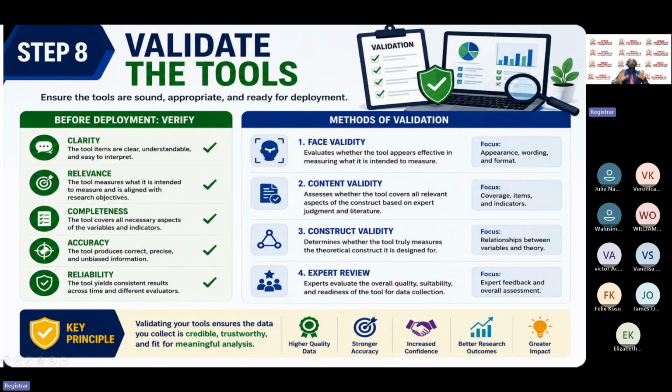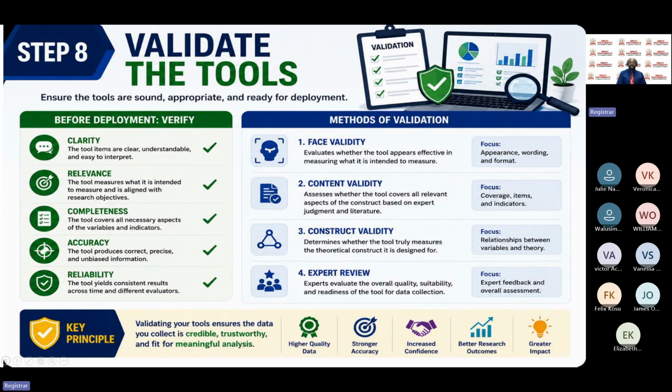Now, if you look at step 8, how we validate the tools. I'll give you an example, because we are implementing sensors to collect soil data in 2 acres of farmland. So what we have done, we divided the farmland into 4 zones. Now we are going to fix different sensors to collect data.